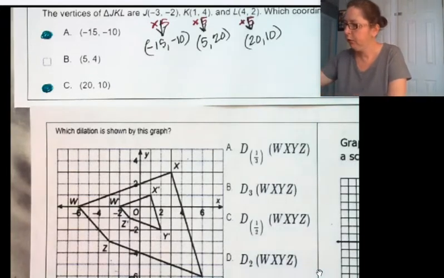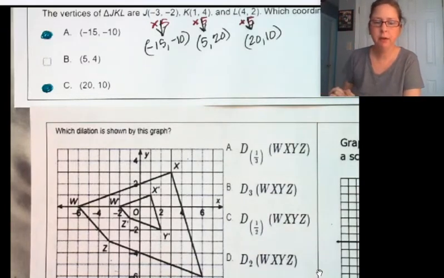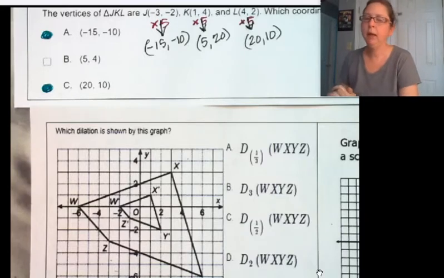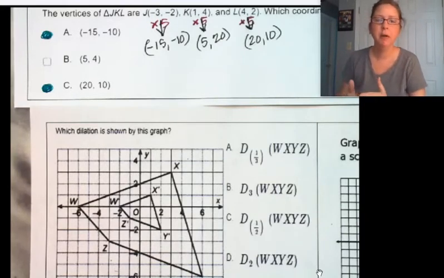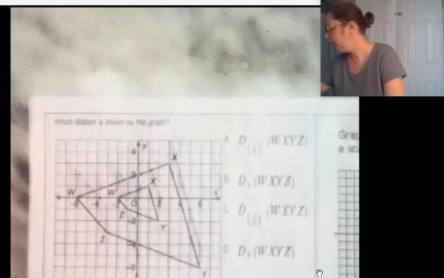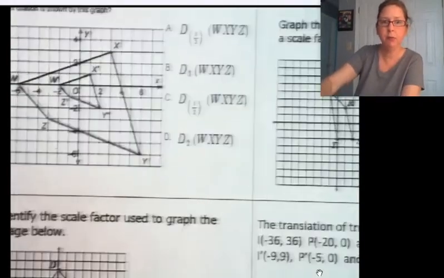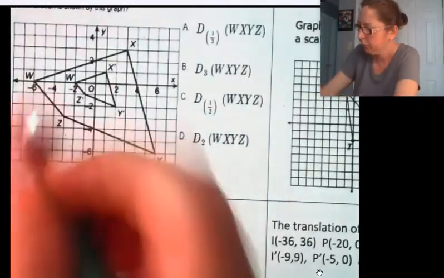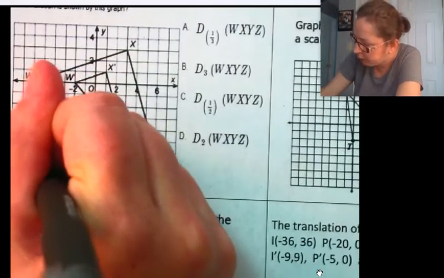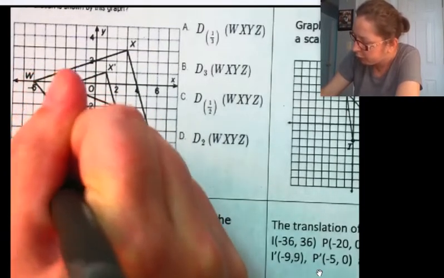Okay, so I do want you to remember that the scale factor is a ratio where you have the image divided by the pre-image. So here's what I'm going to do for this. I'm going to write that down so that I remember. Image over the pre-image.